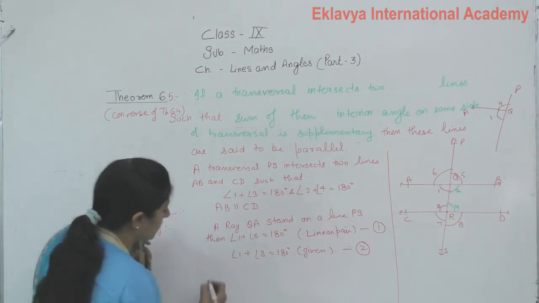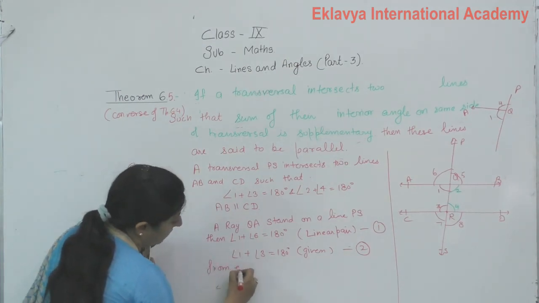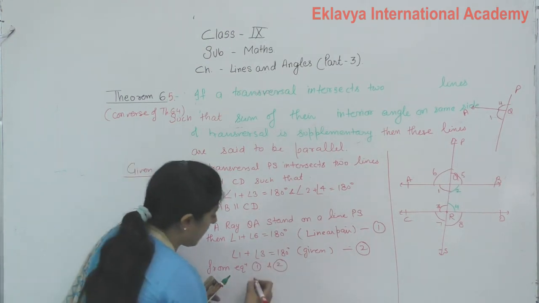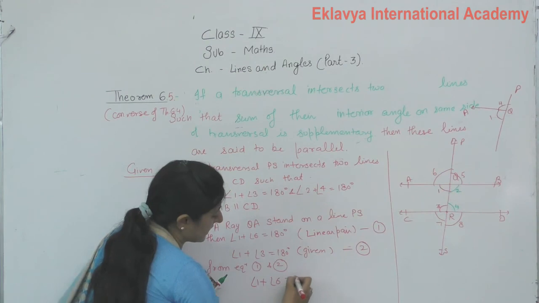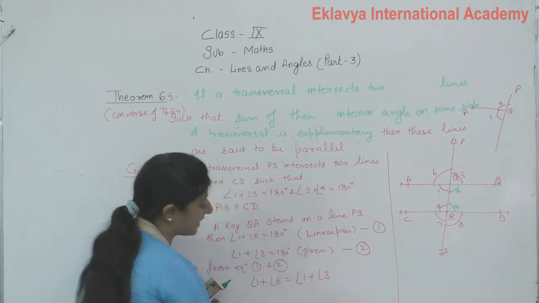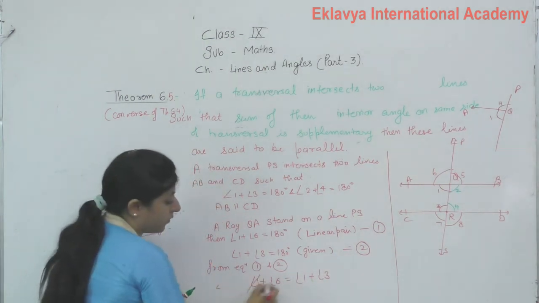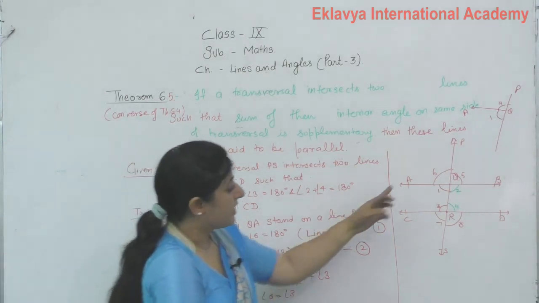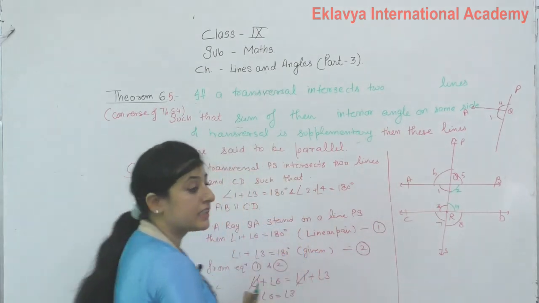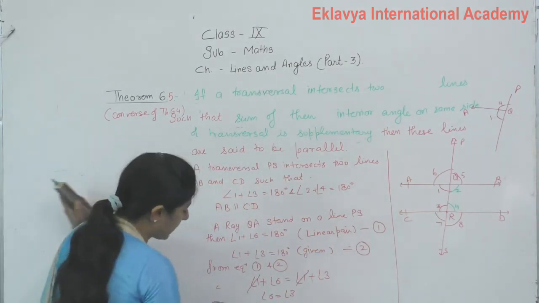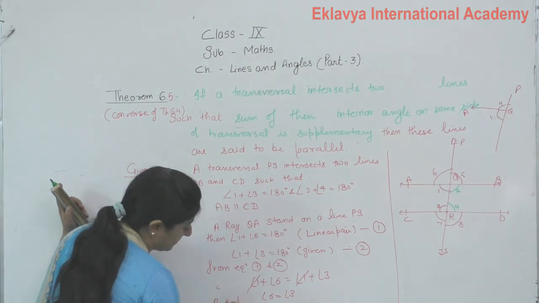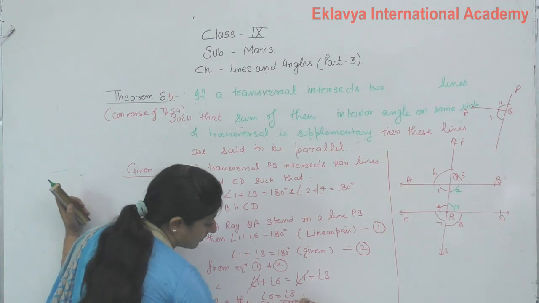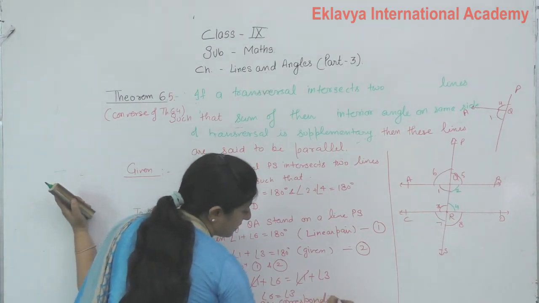Now from equations first and second, angle 1 plus angle 6 is equal to angle 1 plus angle 3. 1 and 1 cancel, then angle 6 is equal to angle 3. See here, angle 6 is equal to angle 3, and they are corresponding angles.